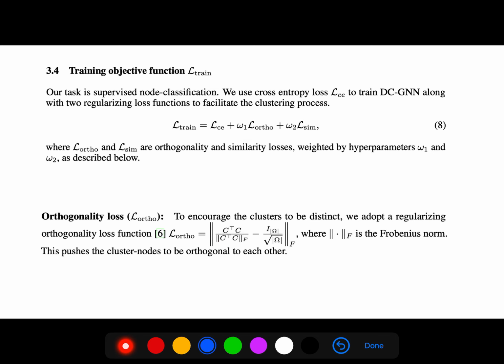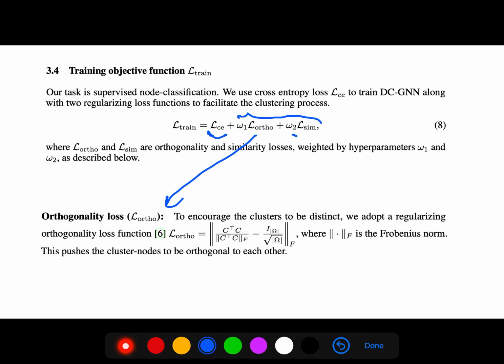So our task is supervised node classification. We use cross-entropy loss. This one is essential, you know that. But along with two more regularization terms, the orthogonality and similarity losses. For example, the orthogonality loss encourages the clusters to be distinct, and we adopt a regularizing orthogonality loss function.